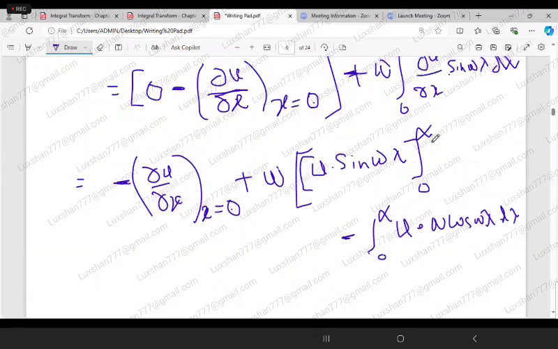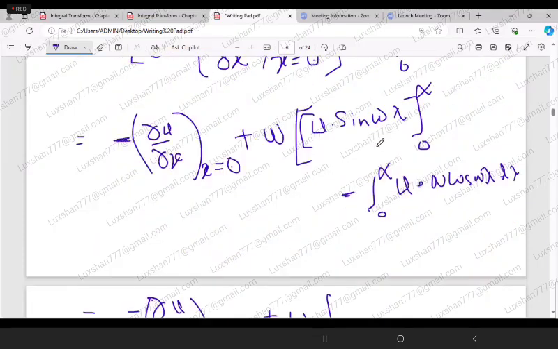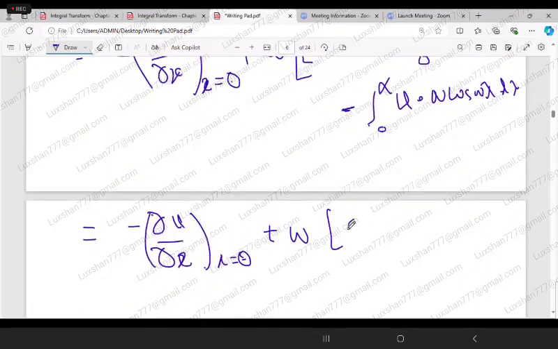plus omega. Here look at, as lambda tends to 0, u tends to 0. As lambda tends to 0, sine omega lambda tends to 0. So ultimately this part becomes 0, because 0 minus, here you can take omega out. So then minus omega integration 0 to infinity u into cos omega lambda d lambda.